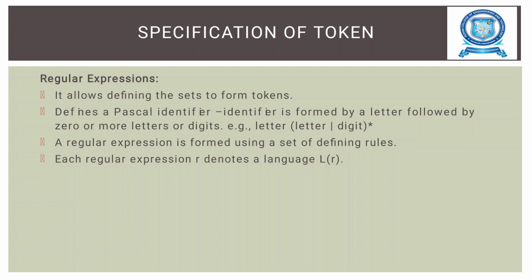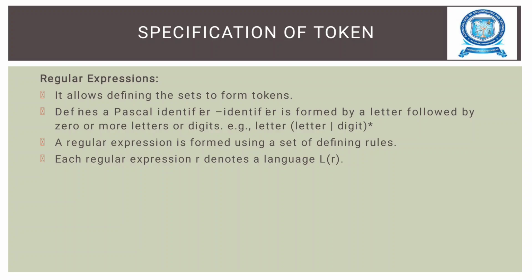Regular expressions define the set of formats of tokens. The regular expression for an identifier is defined by a letter followed by a letter or digit, the whole star, where the star indicates 0 or more.